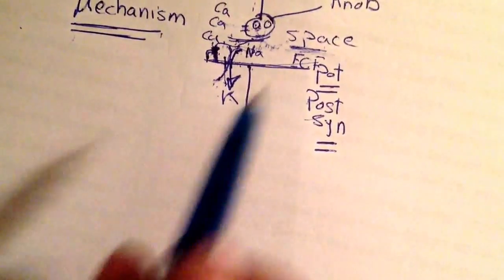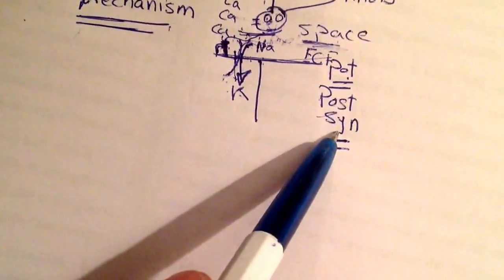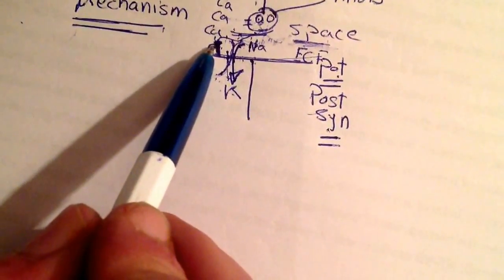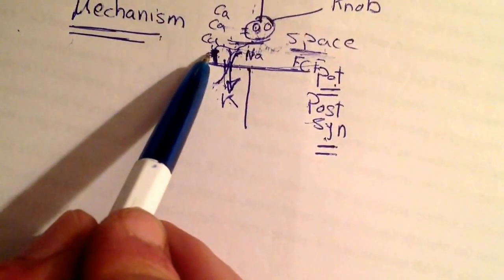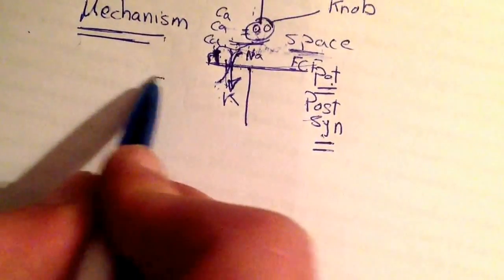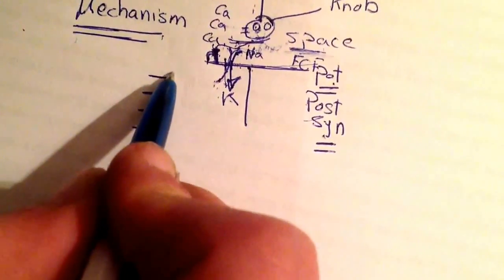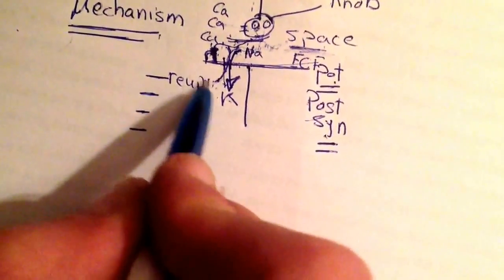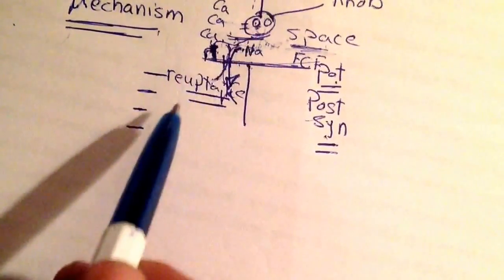Okay. After the postsynaptic potential is generated, the chemical transmitter will be removed from this receptor by four mechanisms. First, reuptake. It will reuptake this chemical transmitter again to the vesicle.